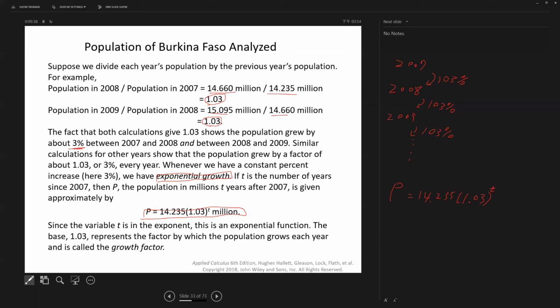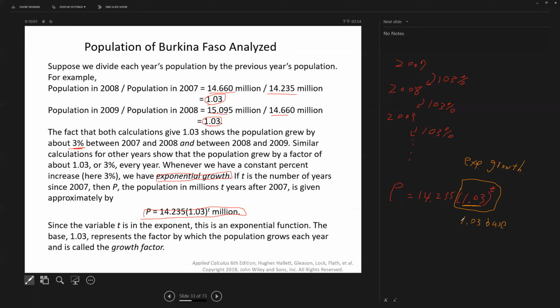So this part, 1.03 to the power of t, is what makes it exponential growth, because the base that we have here, 1.03, is the base growth.